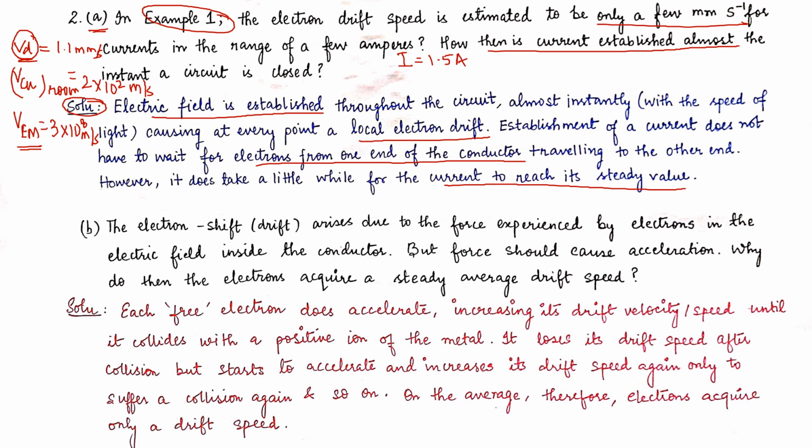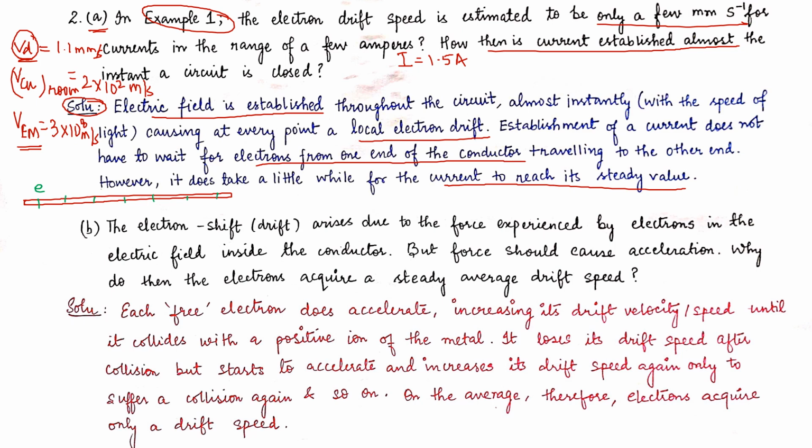What exactly the solution is stating is that if we consider this wire, at many points we have electrons: electron 1, electron 2, electron 3, electron 4, and so on.